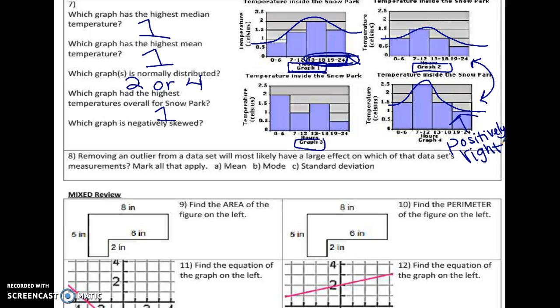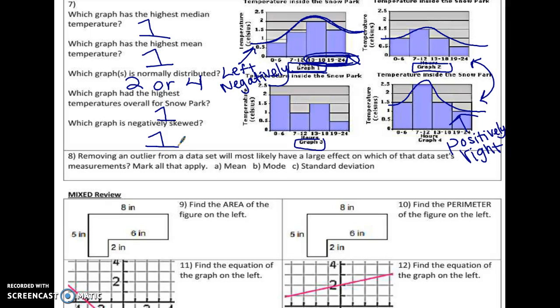And you could argue the same thing for graph 2. Again, graph 1, we're looking at the tail end. So the tail end is on the left, or it's headed towards negative numbers, so negatively skewed. So again, that is graph 1.